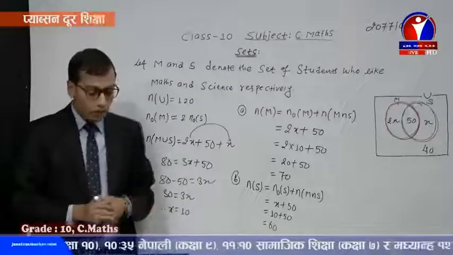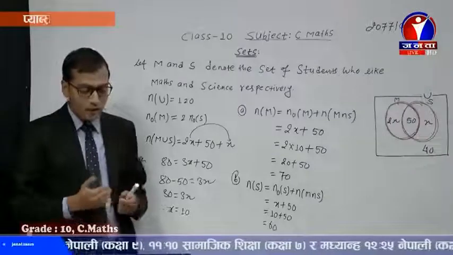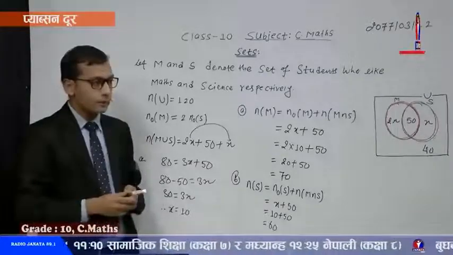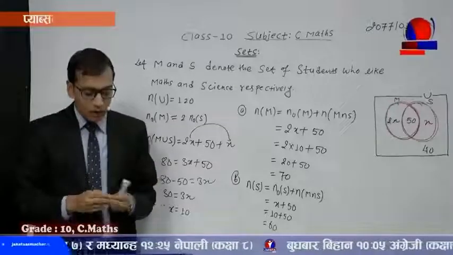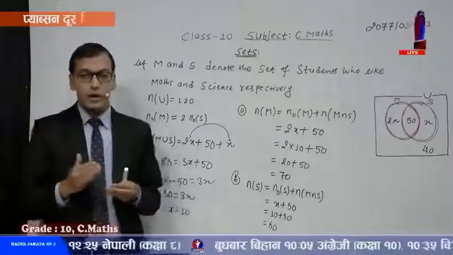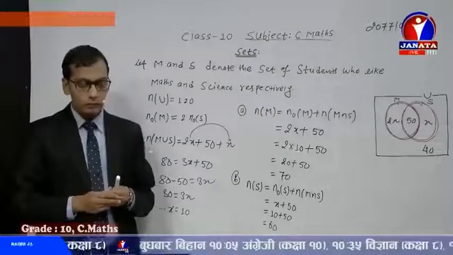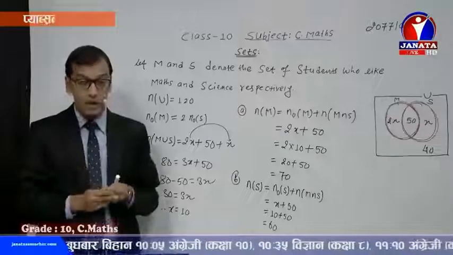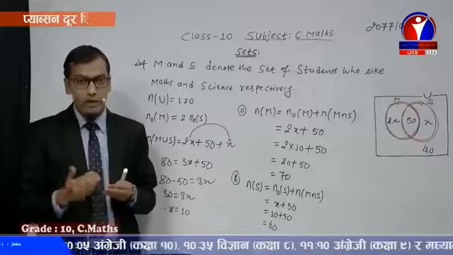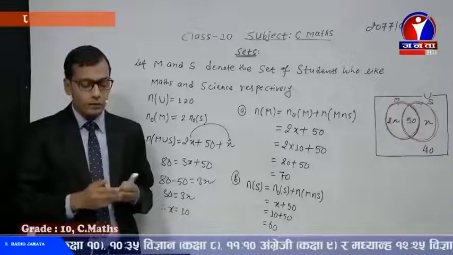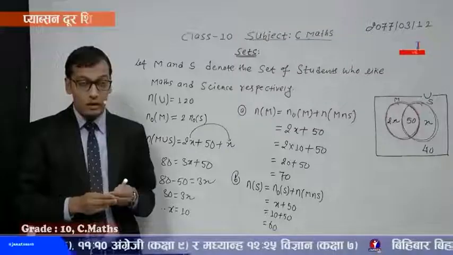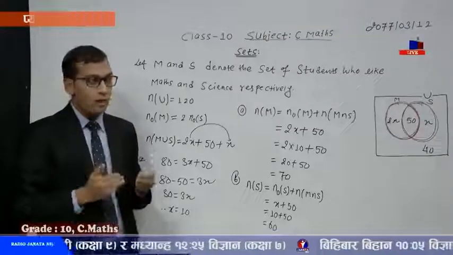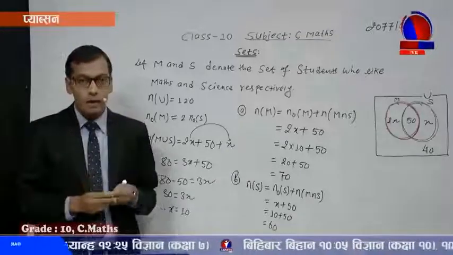Third is C. Find the number of students who passed in at least one subject. This third question is conceptual. Now, what is the meaning of at least one subject? There are two subjects mentioned in the question, mathematics and science, and we are asked to find the number of students who passed in at least one subject.